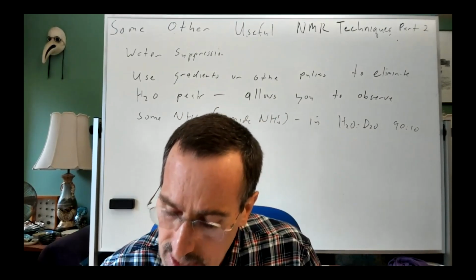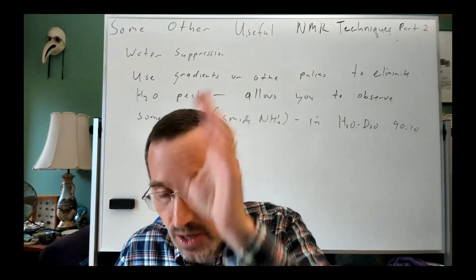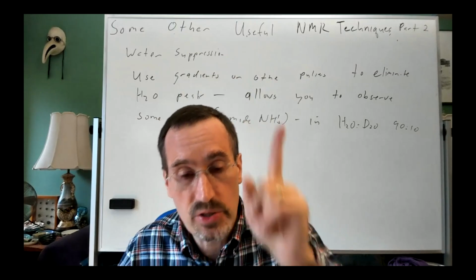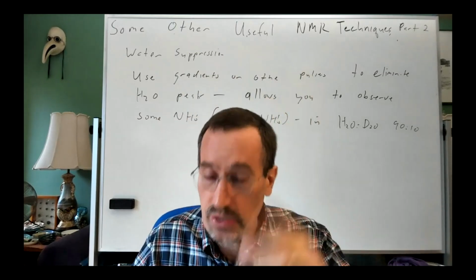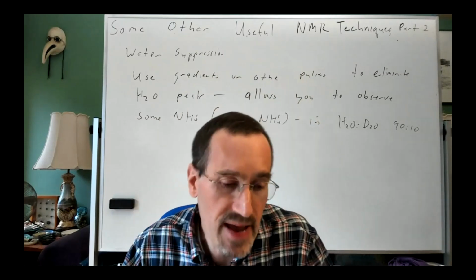This means gradients, where you're messing up your Z magnetic homogeneity, the magnetic homogeneity along the sample. So you're sort of unshimming the sample with pulses from the magnet.